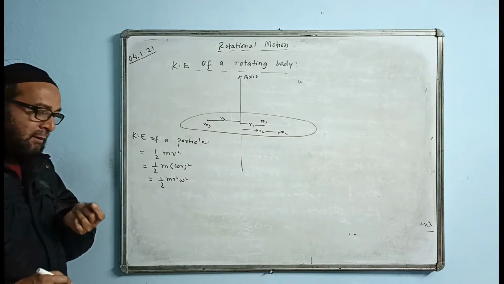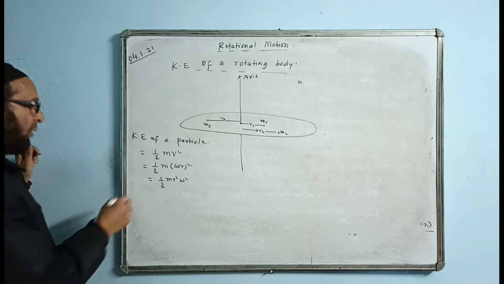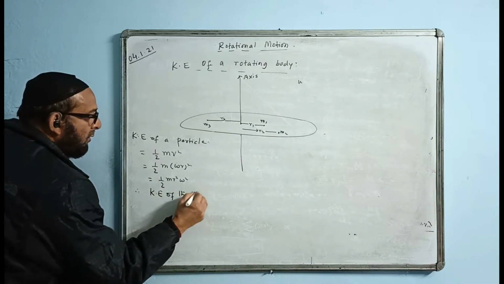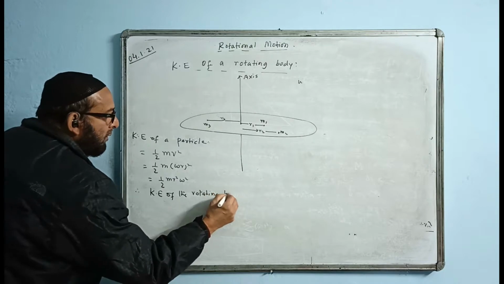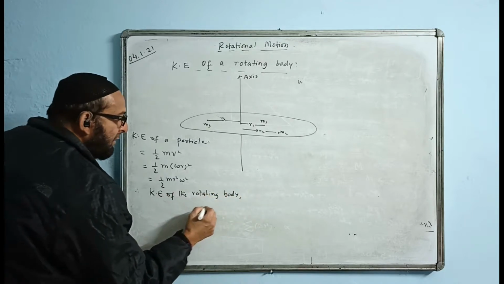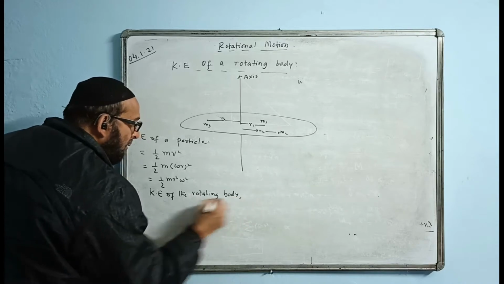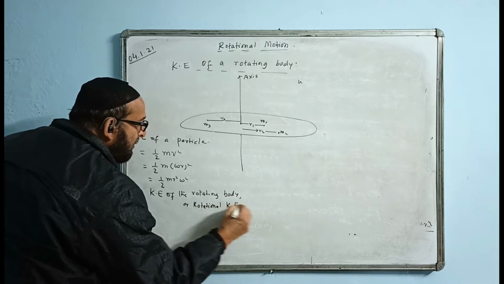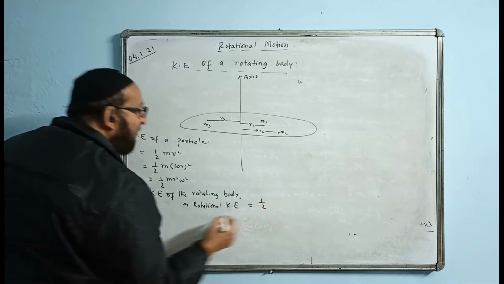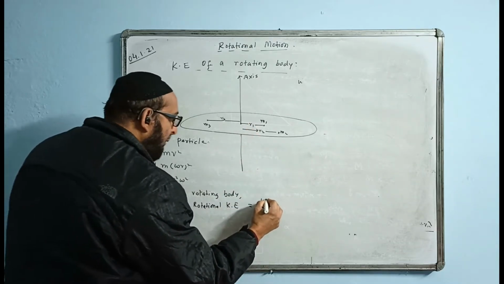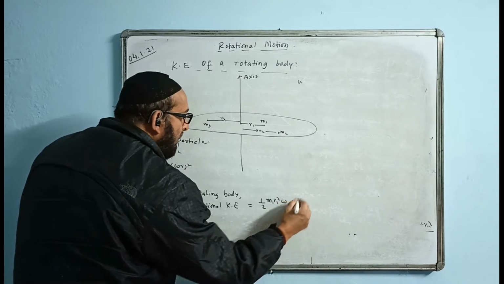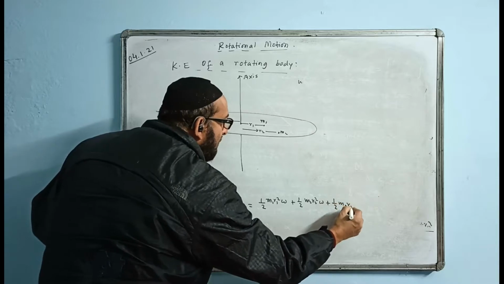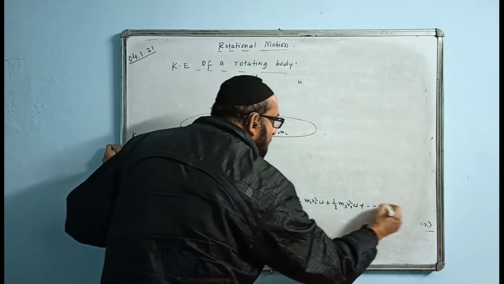Omega is called angular speed or angular velocity. Now we get, therefore, the kinetic energy of the rotating body. This is called rotational kinetic energy. It is equal to, we'll be writing half: for the first particle half m1 r1 square omega square, half m2 r2 square omega square, half m3 r3 square omega square, plus so on.